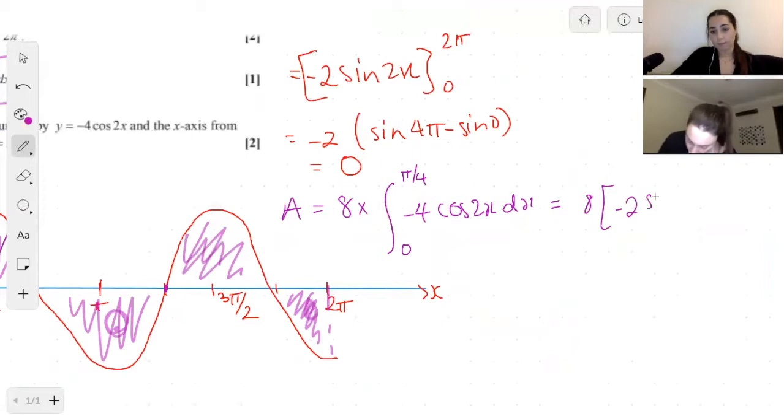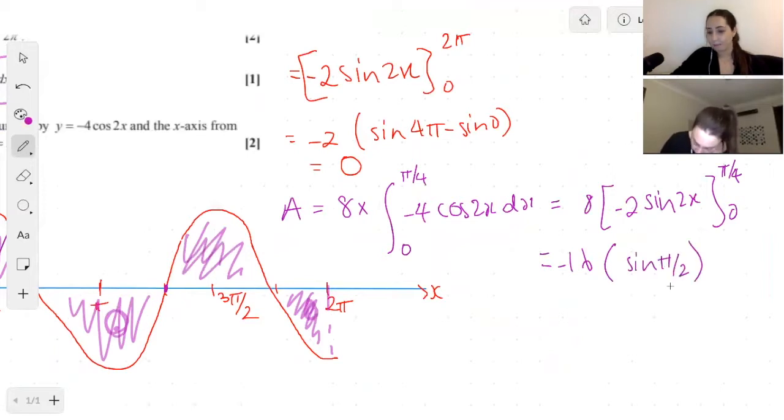So minus 2 sine 2 times pi on 4, and then the other one would be 0, so it's just that one. So it's minus 2 sine pi on 2. What's sine of pi on 2? 1. So that equals minus 2 times 8, which equals minus 16.